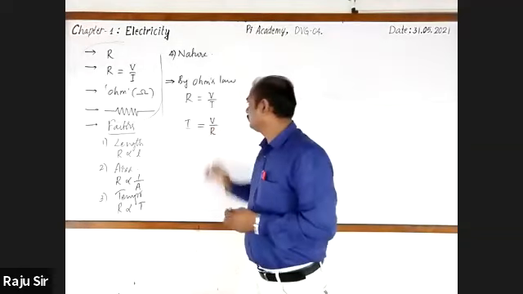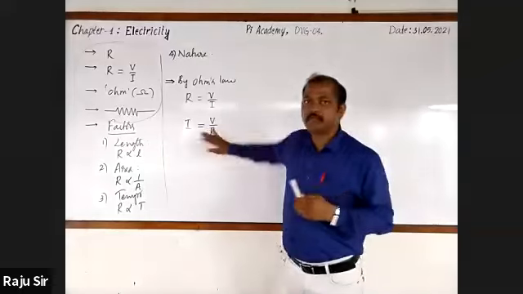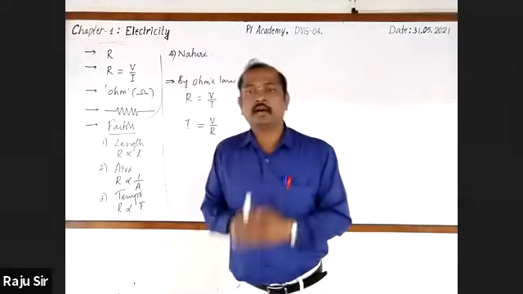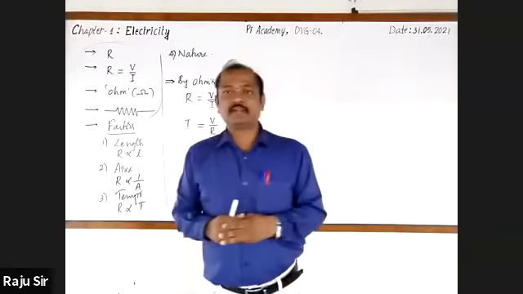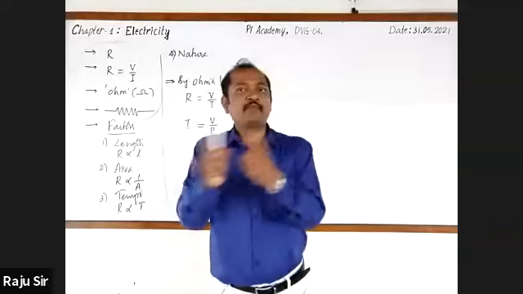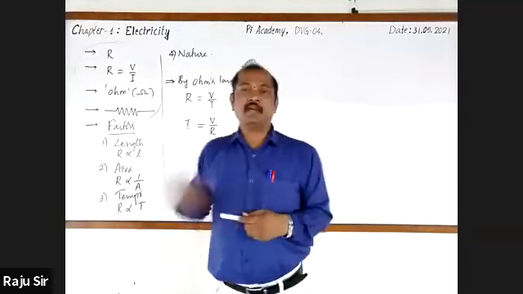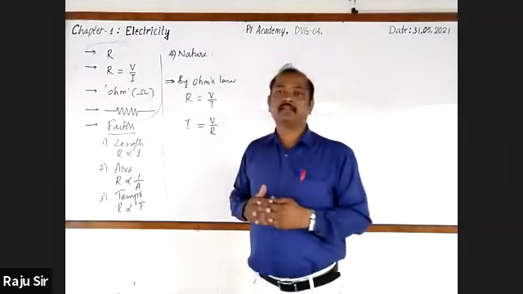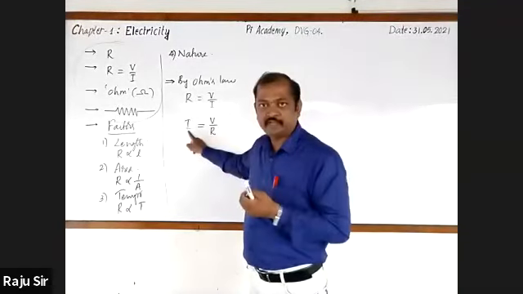Let me give you some information regarding this equation. You may be thinking, sir, why have you solved for I, the electric current? Dear students, you know that the flow of electrons depends on two important physical quantities, which I mentioned and also expressed as an equation. One is the electric current.